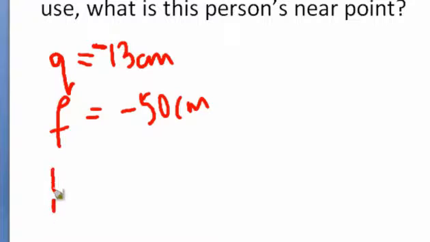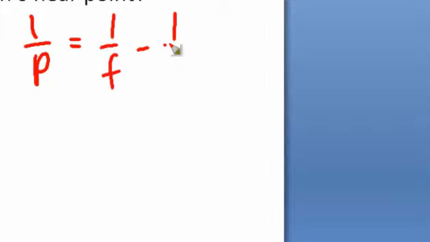So we need to find how close we can bring an object to the person's eyes for him to see it properly. So we are actually trying to find how close we are able to bring the object. Again, if we use that formula, we'll see that 1 over p will be equal to 1 over f minus 1 over q.